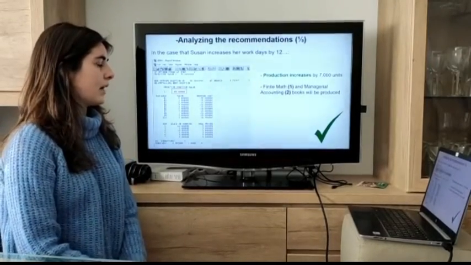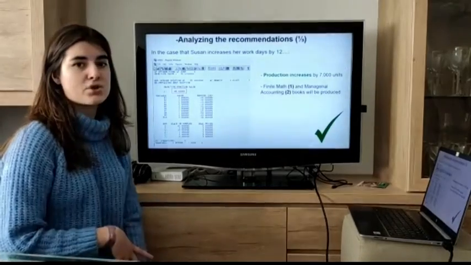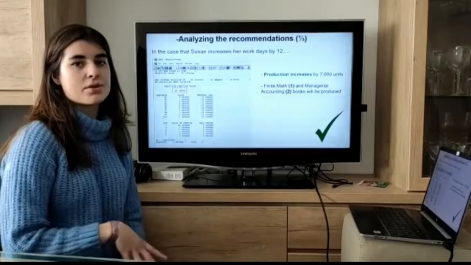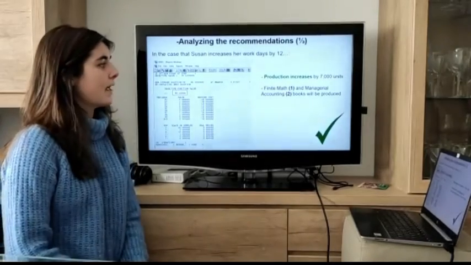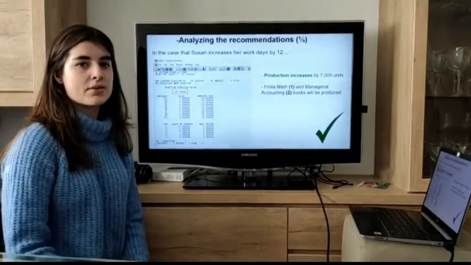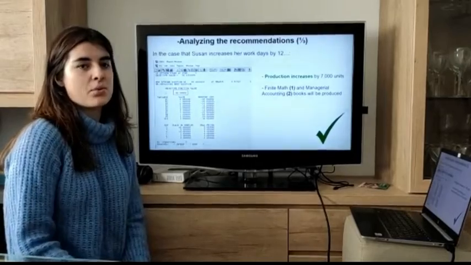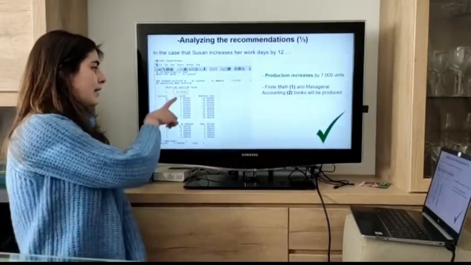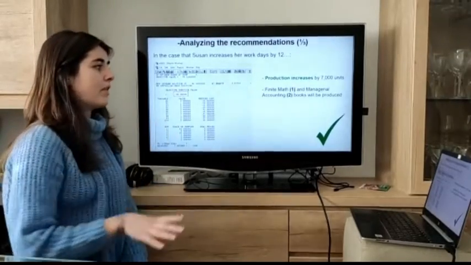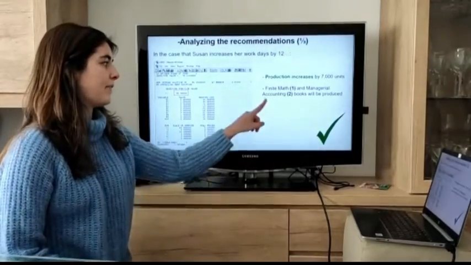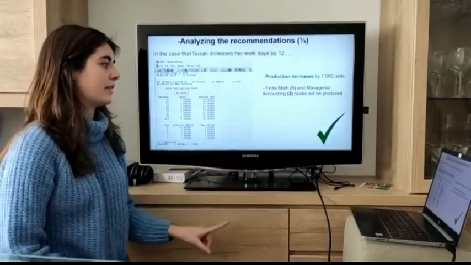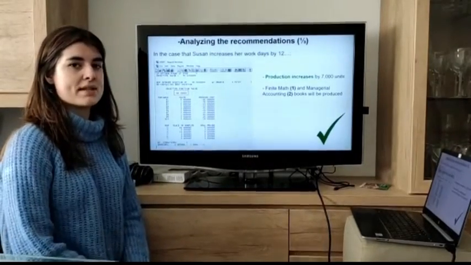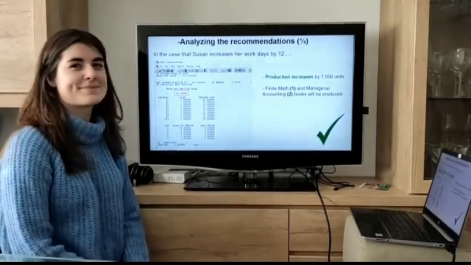As a result, we can conclude that this change would be advantageous for the company, because if the working days of one of the workers increase, then the production will also increase, so the benefits of the company will also increase. In this case, the books that will be published will be the finite math book and the managerial accounting books. And it will be advantageous for the company to increase these working days.